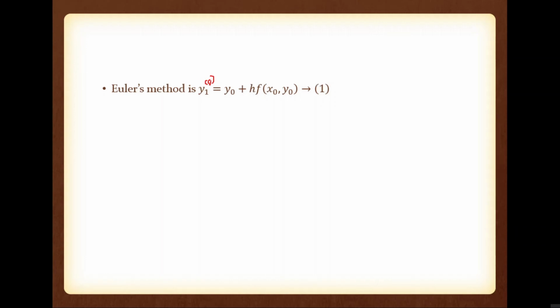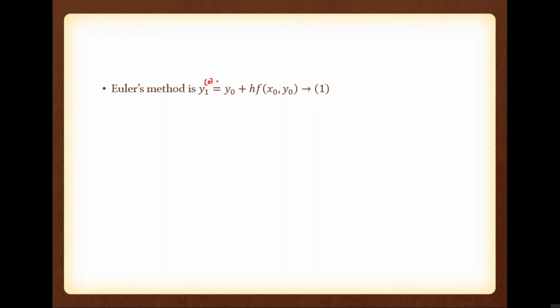Get me? First, by using Euler's method, find y1, that is simply this one. Once we have y1, then modify it as y1 of 0. Why is it 0? Because this y1 is not modified yet.